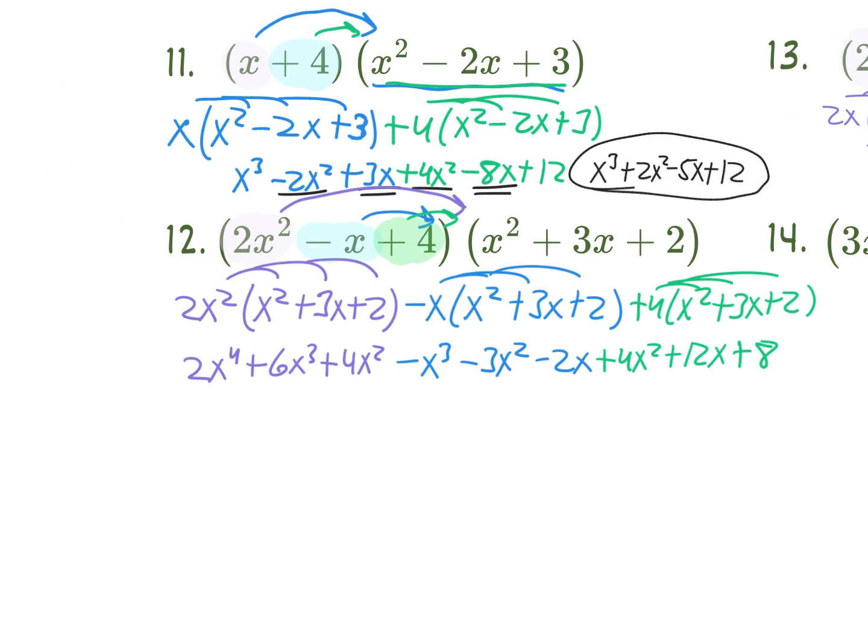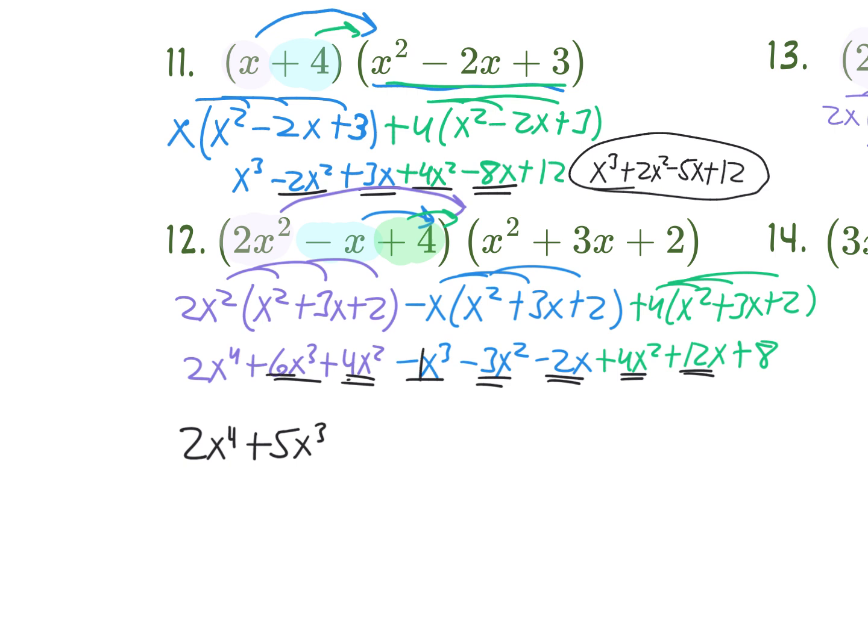And then combine all of your like terms. We have a couple here. So x to the third, x to the third, x squared, and another x squared. And then I have just a regular x and a regular x. So 2x to the fourth didn't combine with anything. The x to the thirds are going to get us a 5x to the third, 6 minus 1.